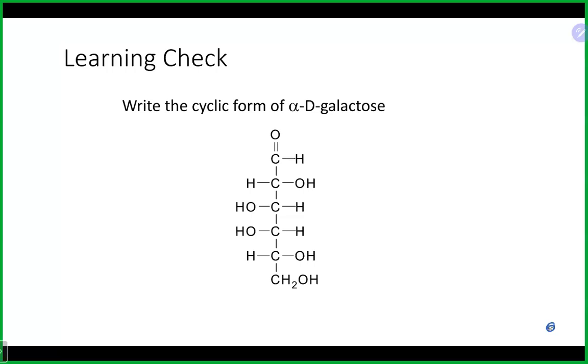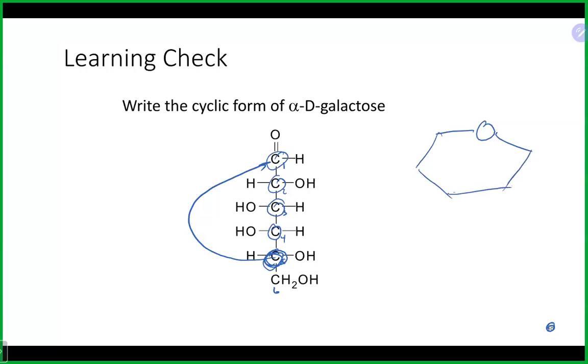Okay, so let's take a look. Again, we're going to number our chain here: 1, 2, 3, 4, 5, and 6 in this case. Once again, we're going to go here, carbon number 5. It's going to find the carbon-oxygen double bond, and if we count up the carbons between those, 1, 2, 3, 4, and obviously 5 there, that tells us we need the one that looks like cyclohexane, our 5-carbon ring.